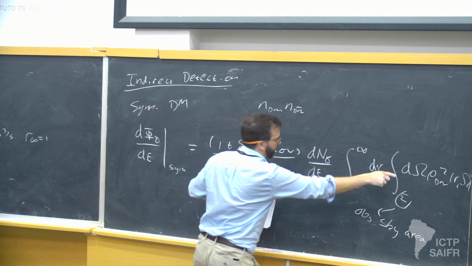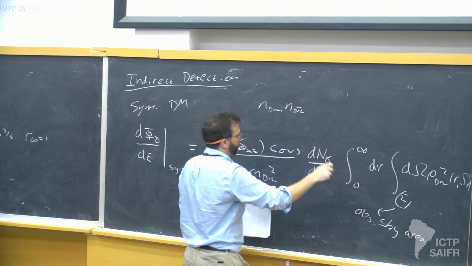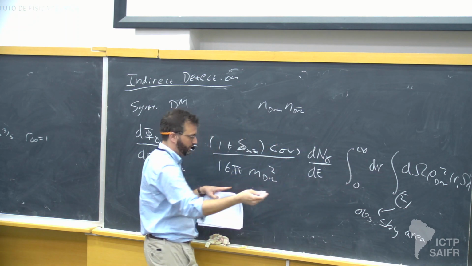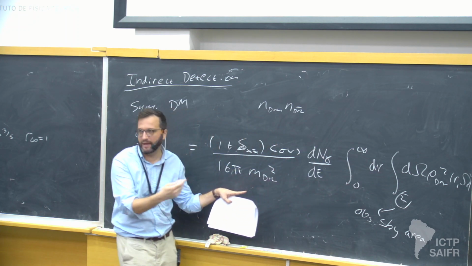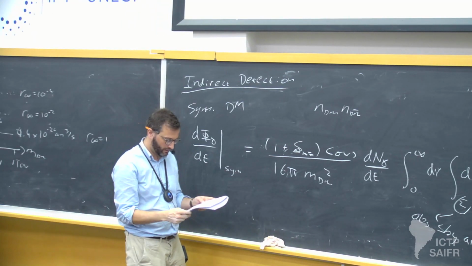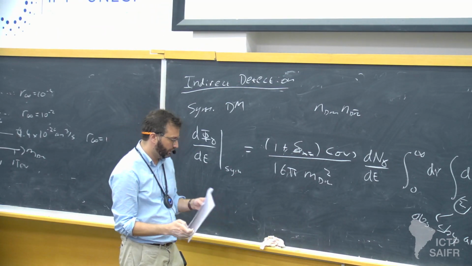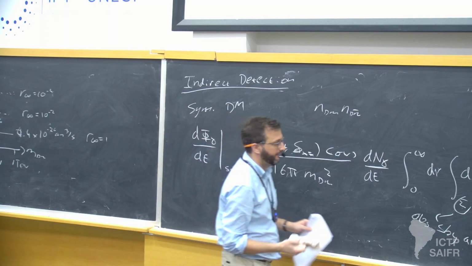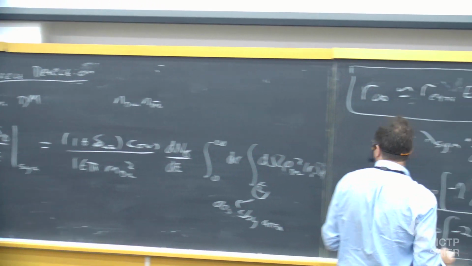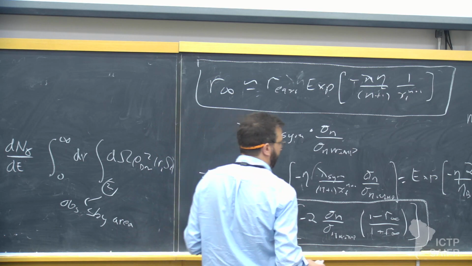This is just the number density rewritten in terms of rho, which we can estimate, divided by the hypothetical dark matter mass. So that's why it has that scaling.